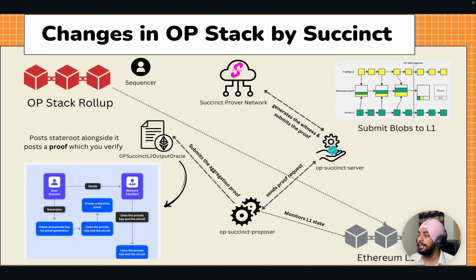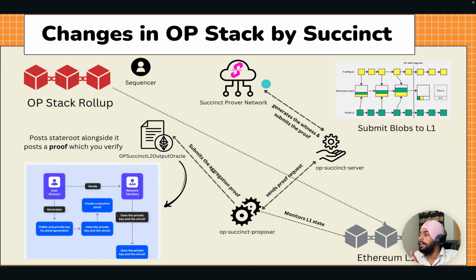The server receives proof requests from the OP Succinct Proposer, then generates the witness for the proof and submits the proof to the Succinct Prover Network. This prover network is a distributed network of provers that can generate a proof of any size quickly and reliably, right?